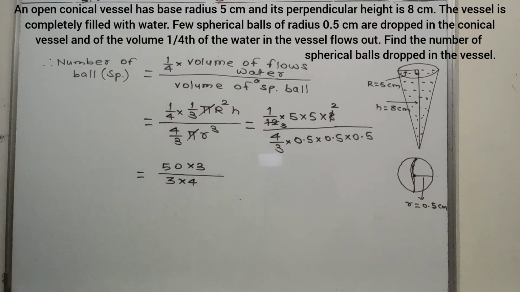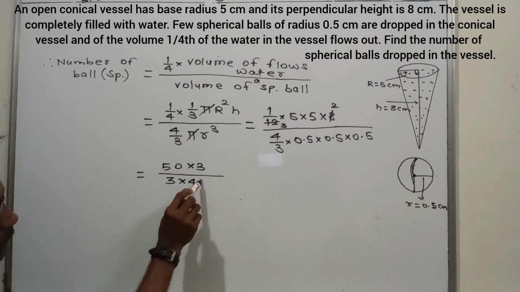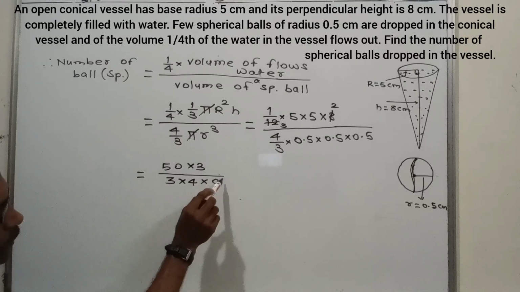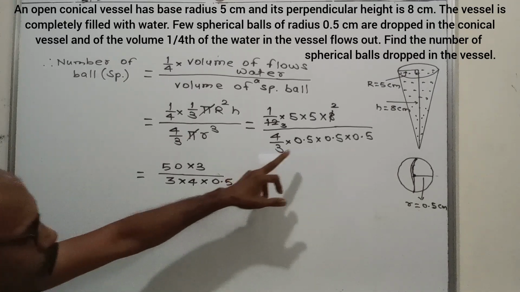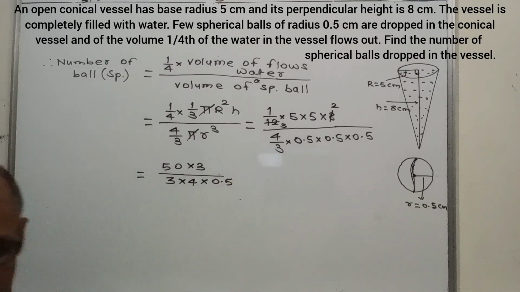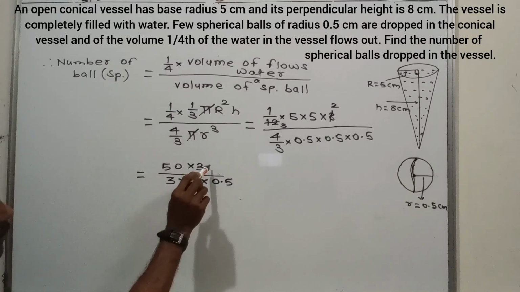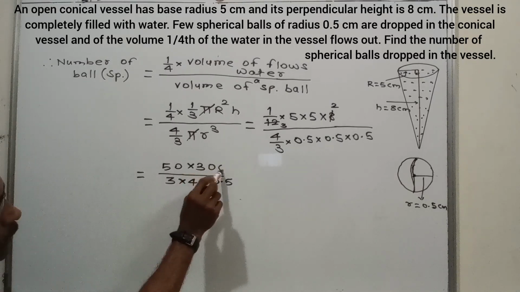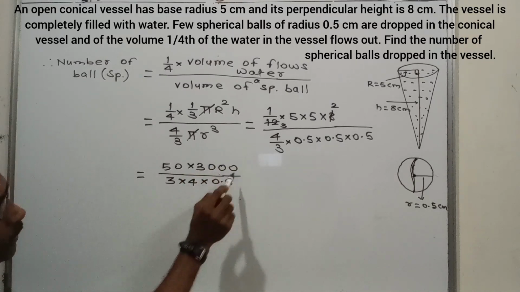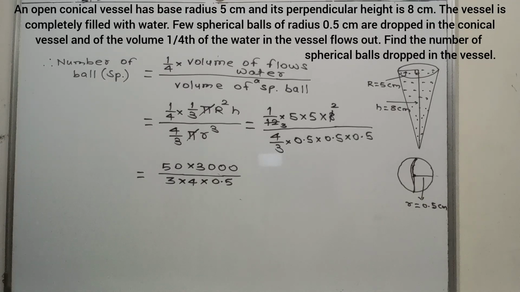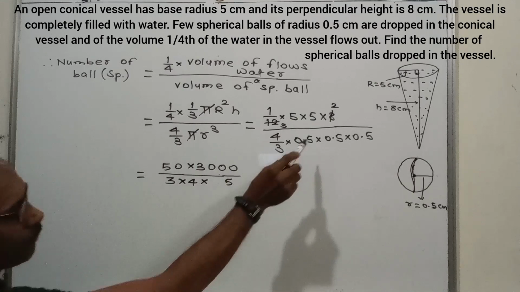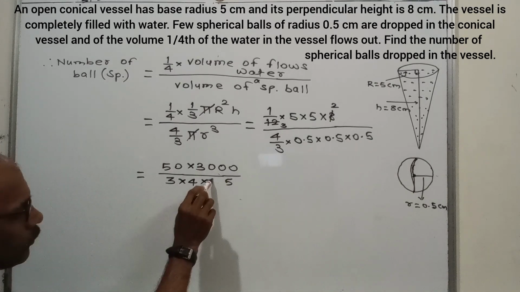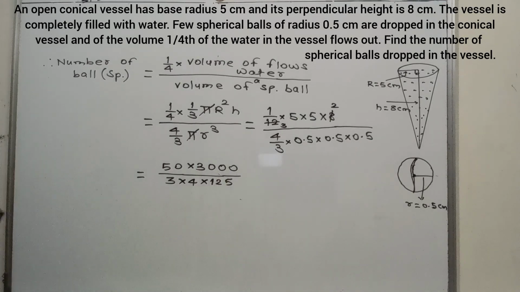This 4 and 0.5 into 0.5 into 0.5, 3 decimal places, so we put here 3 zeros, and we write here 5 into 5 into 5, 125.